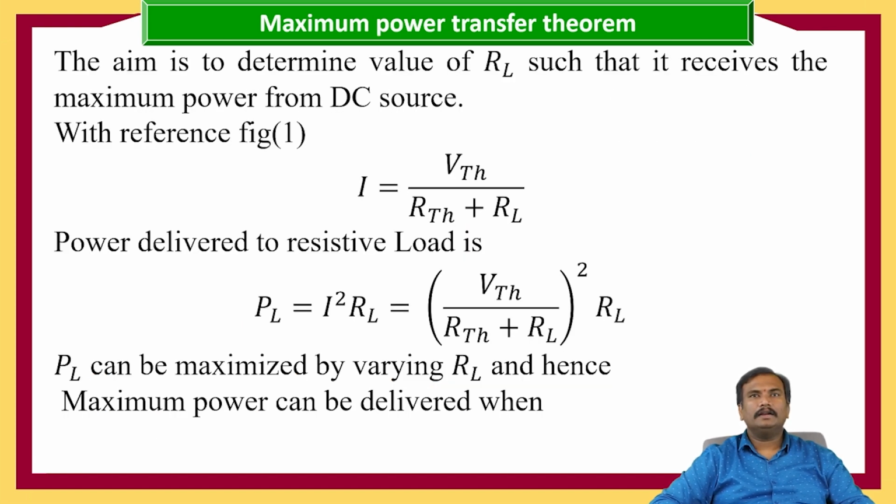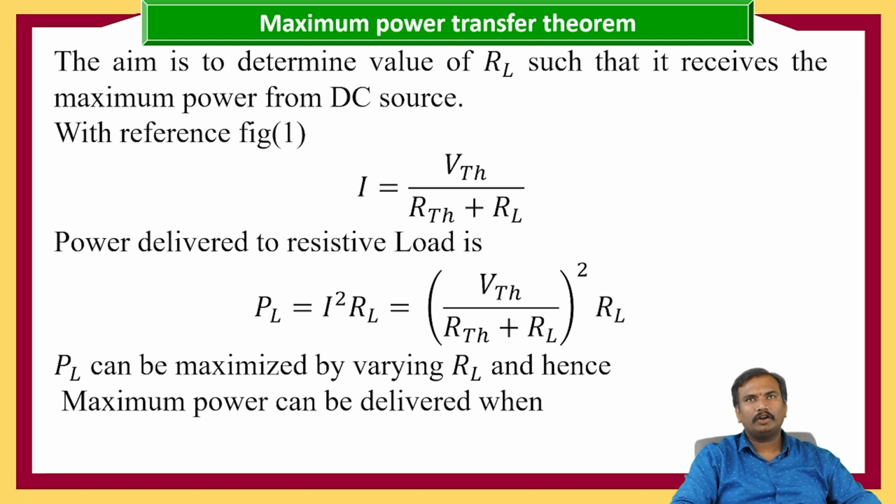Now, let us derive the condition, because whatever statement we are giving, we should have a mathematical proof. So for that, we are going to calculate the power and derive the condition for maximum power transfer.